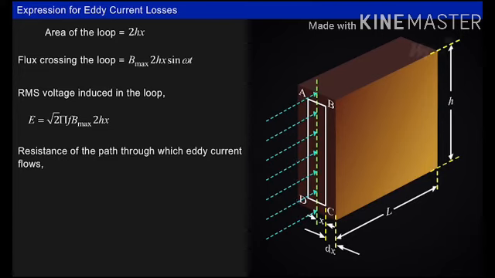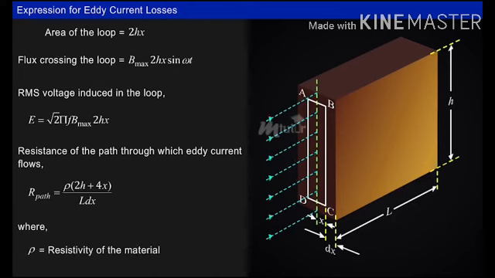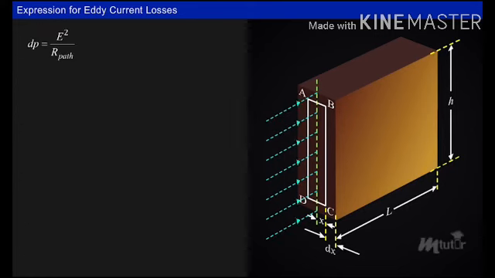Resistance of the path through which eddy current flows, R path, is equal to rho into (2h plus 4x) divided by L dx, where rho is the resistivity of the material. Power loss in the loop dP is given by E square by R path.